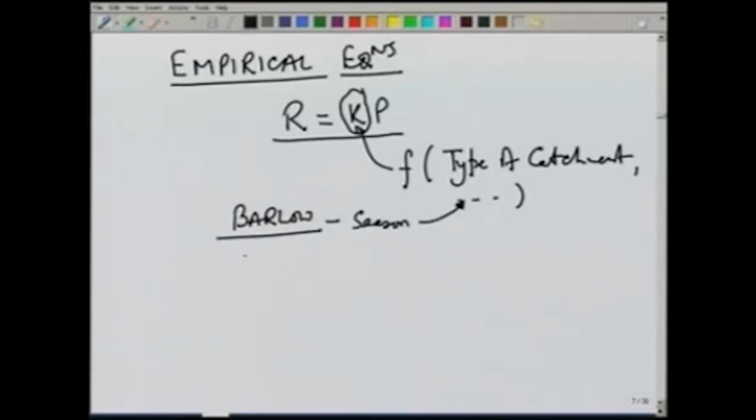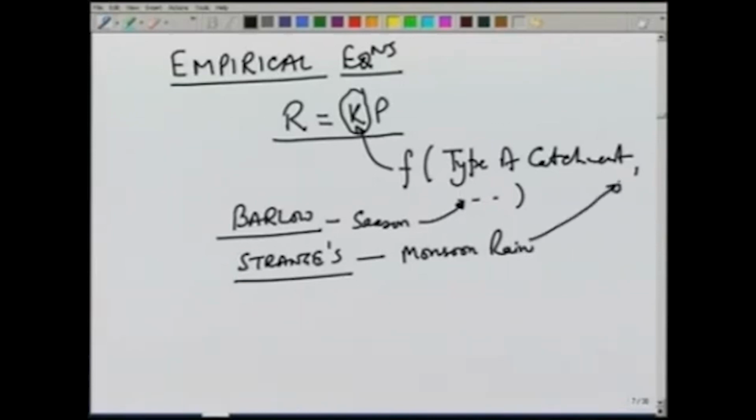Then there is a strange empirical equation which relates K with amount of monsoon rain. So, type of catchment and monsoon rain. There could be a number of empirical relationships like this, but they will be useful only in catchments which are similar to the catchments for which the relationships have been derived.